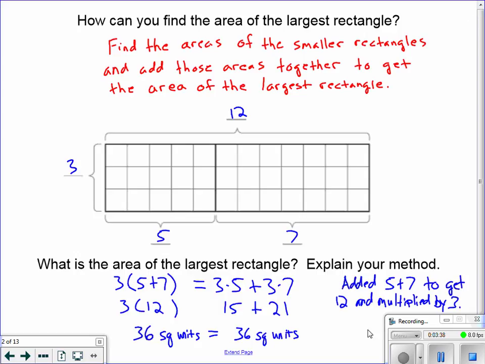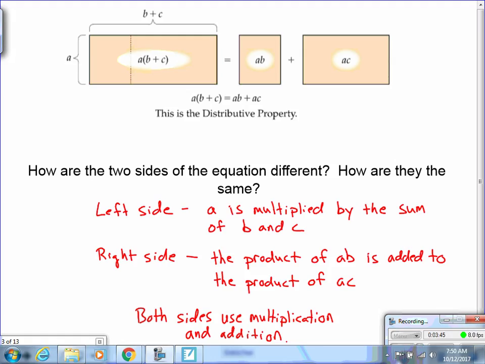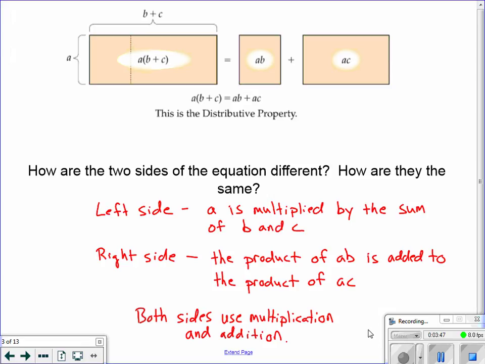And again, the right side is basically what we explained in the top question. So what we used on that first slide was the distributive property.